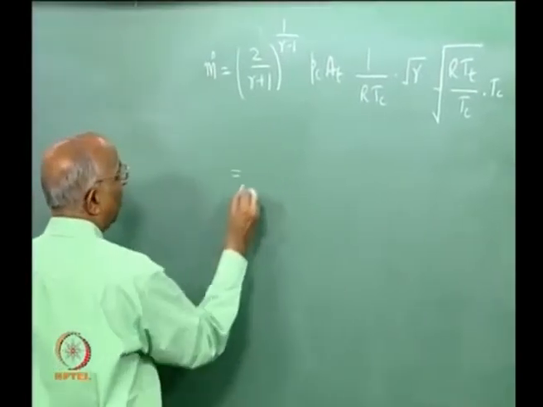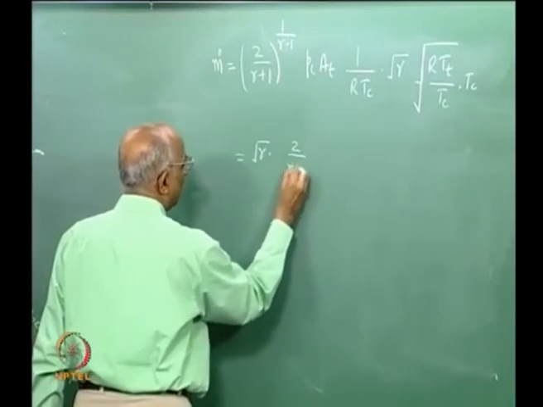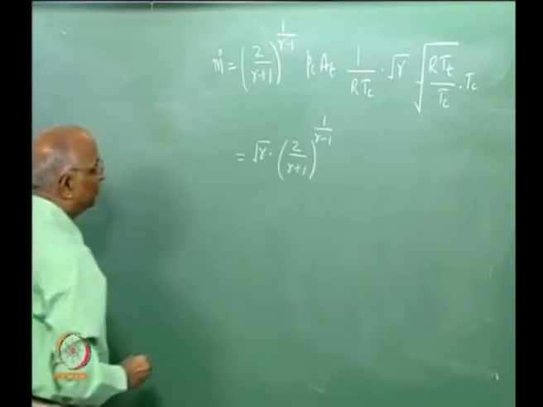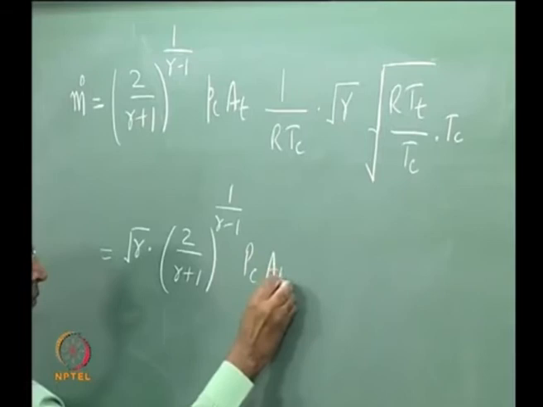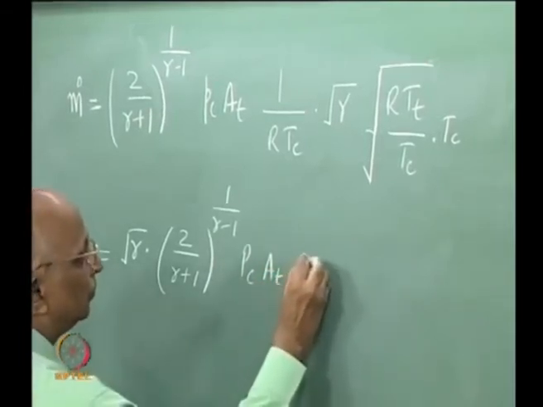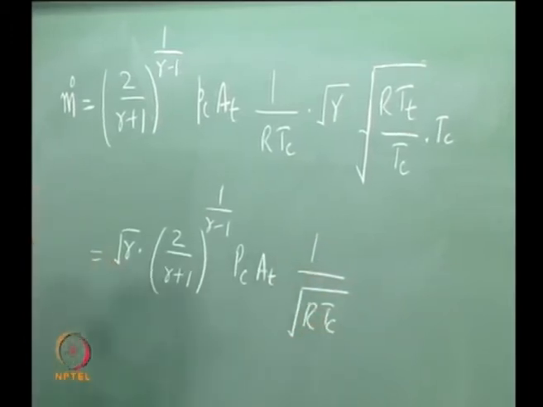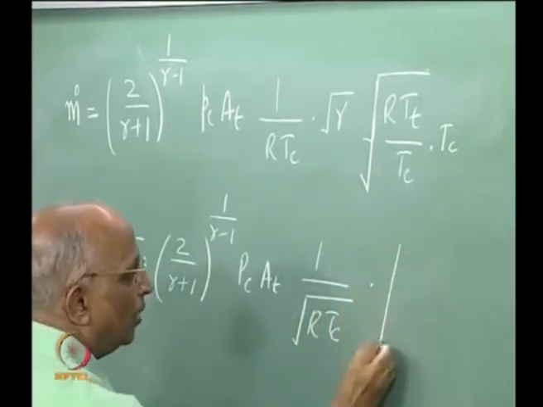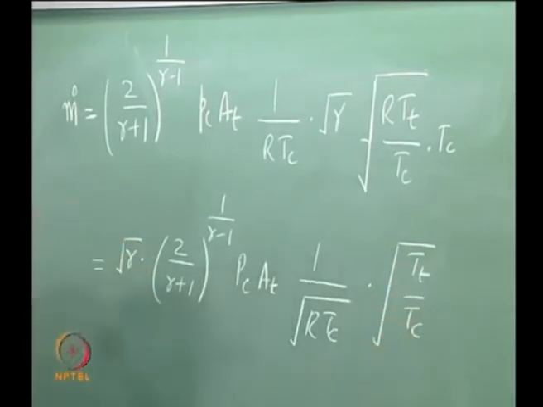I get under root gamma into 2 over gamma plus 1 to the power 1 over gamma minus 1 into Pc At into 1 over under root RTC into the value of under root TT by TC. Have I missed out anything?